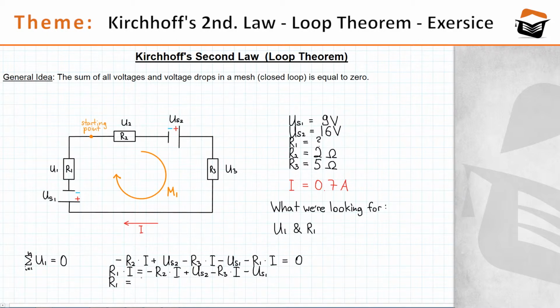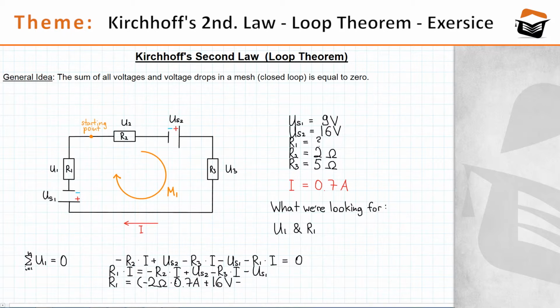So I'm gonna open up a bracket, and I'm gonna write down R2 is 2 ohm, so minus 2 ohm times 0.7 amps, and the product of a resistance and a current is the voltage, plus US2, which is 16 volts, minus R3.